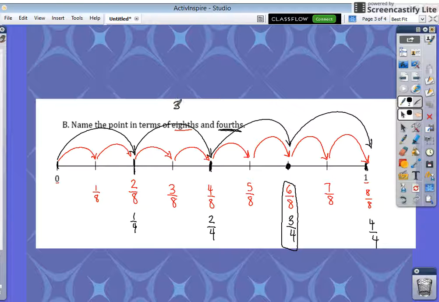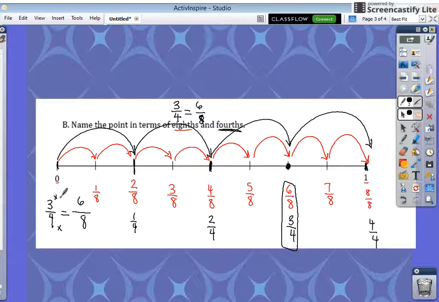So I'm going to write that up here: 3/4 also equals 6/8. And I'm going to show you a trick. Again, it's kind of like a cheat, but it's a trick. If I have 3/4 and I need to figure out an equivalent fraction, I multiply the numerator and the denominator by the same number.